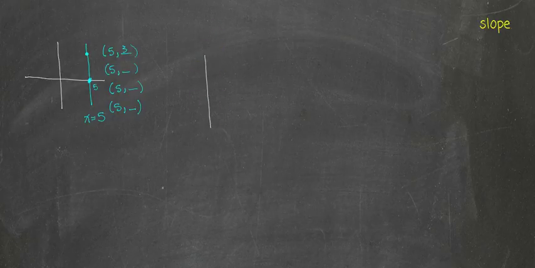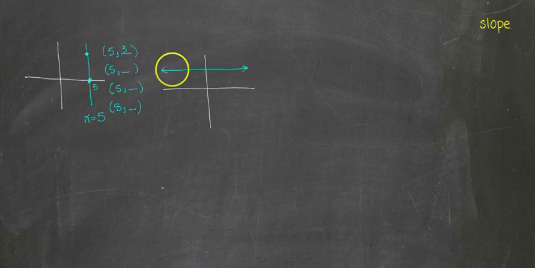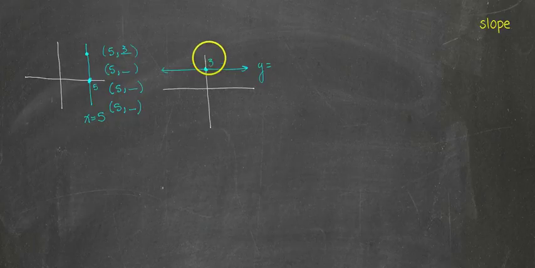Also, the equation of a horizontal line, very similarly, is an equation where y equals whatever the value of the point where that line crosses the y-axis is. So in this case, say it's 3, then we have the line y equals 3.